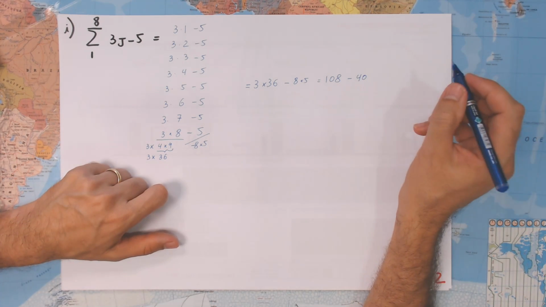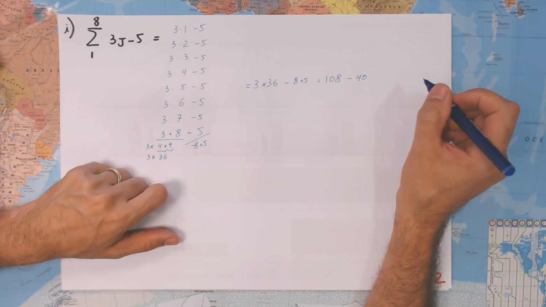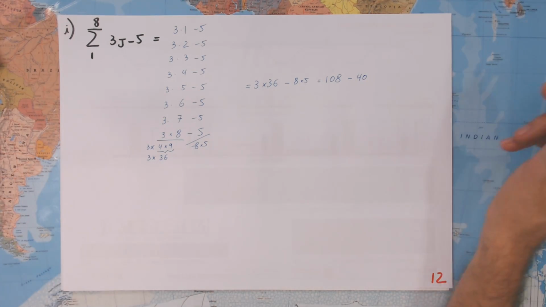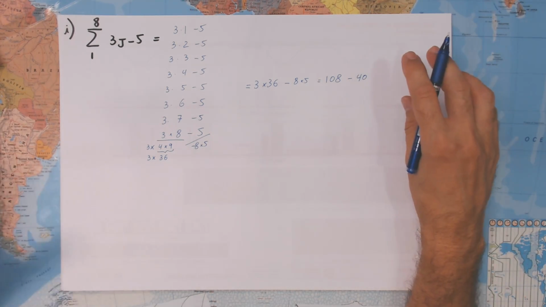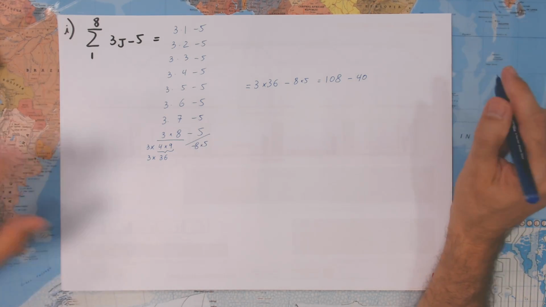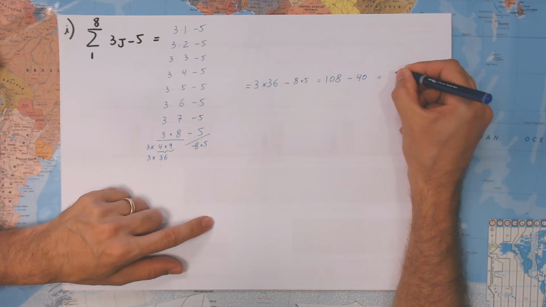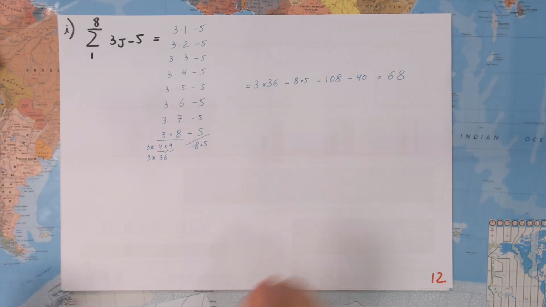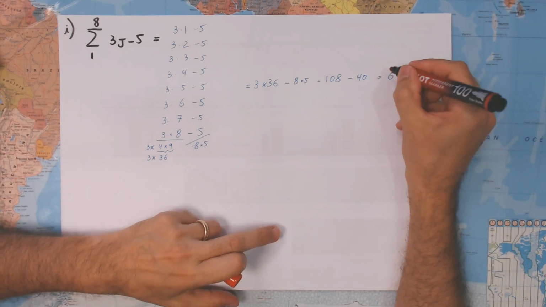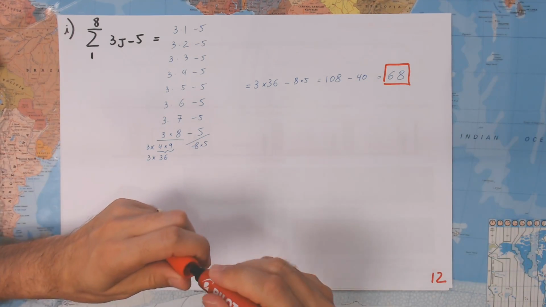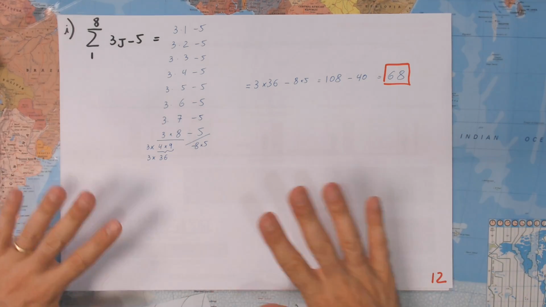And what is this? If we just subtract 40, let's start with 100. 100 minus 40 is 60, right? So it must be 68. And that's it for our sequence. This is just 68. And this is the last one for this part.